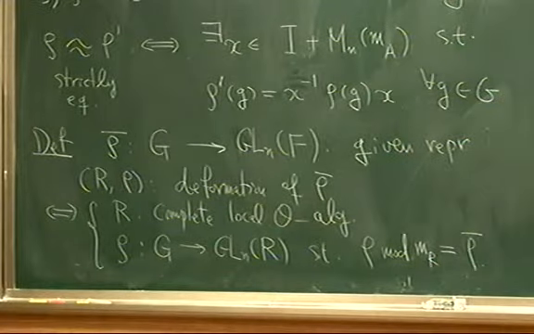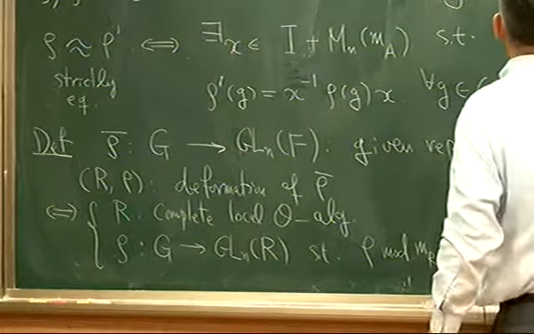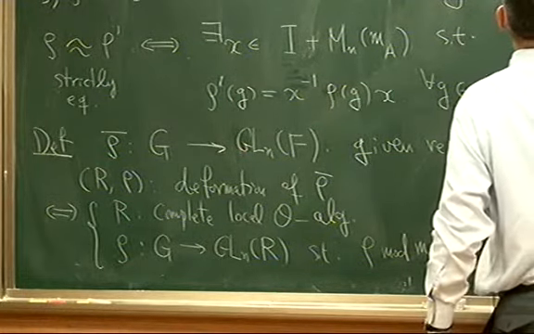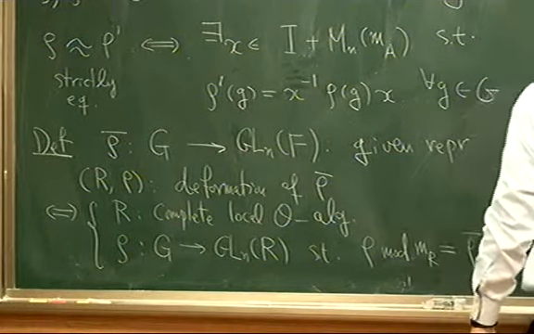And I define the universal deformation of rho bar as follows. The pair of R tilde and rho tilde is called the universal deformation.